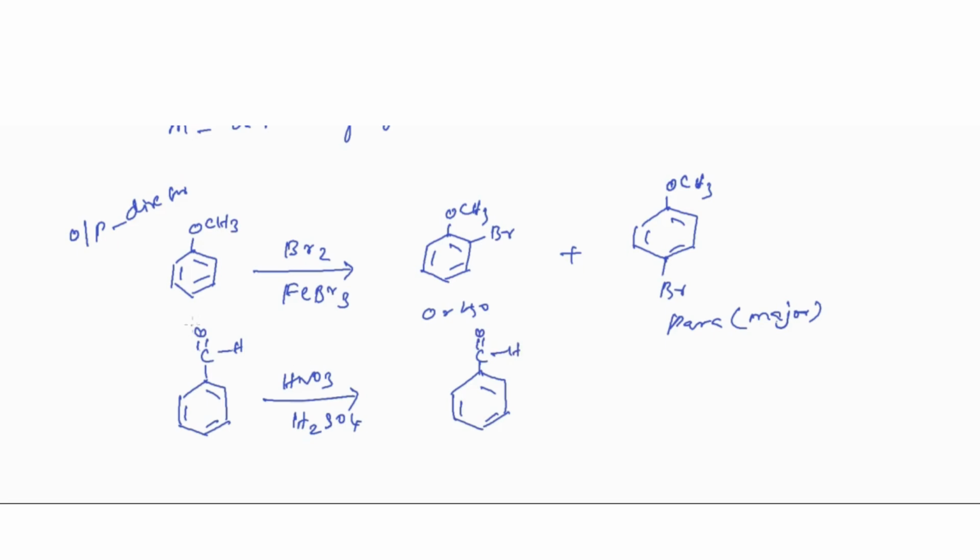Because the carbonyl group is a meta director, that's why we get the nitro group at the meta position. So this is how the existing group decides the incoming electrophile's position in the monosubstituted benzene. So these are all about orientation.